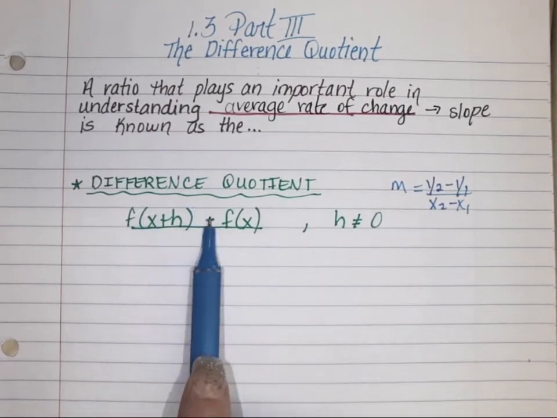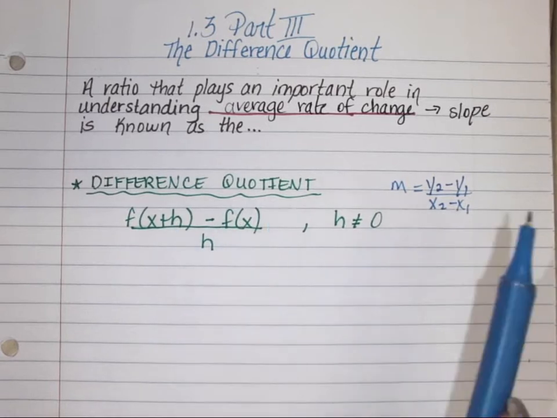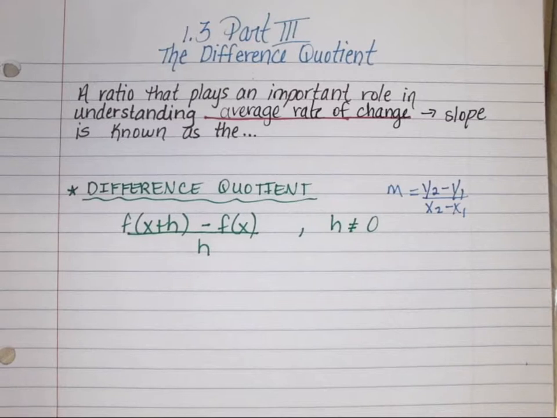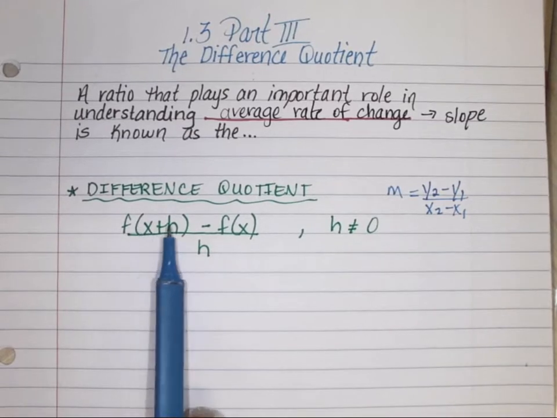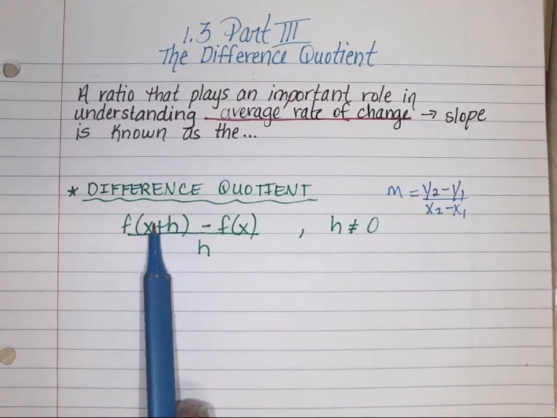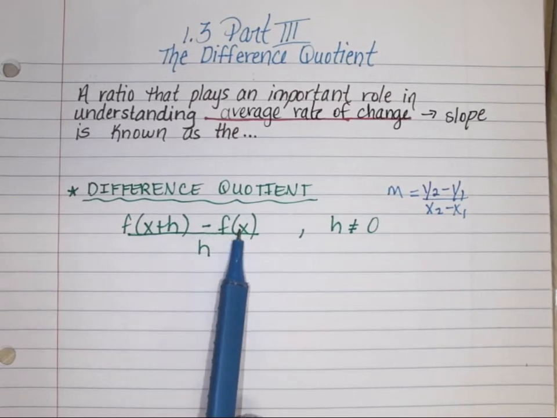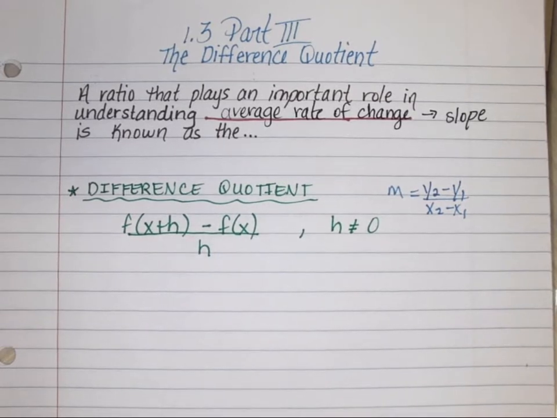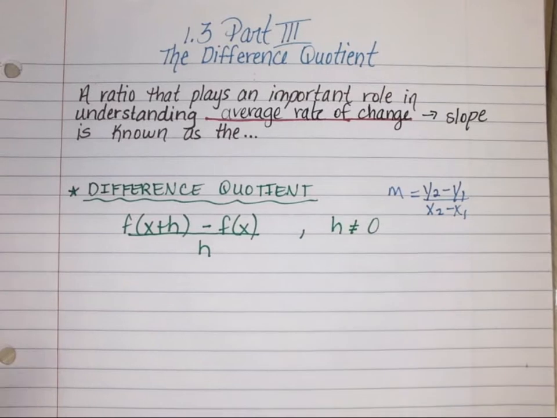And then your f of x values are your vertical change or vertical displacement. So we have f of x plus h, some horizontal distance added to some x, and then you're going to subtract it from your original x. Your original y value that's associated with your original x.